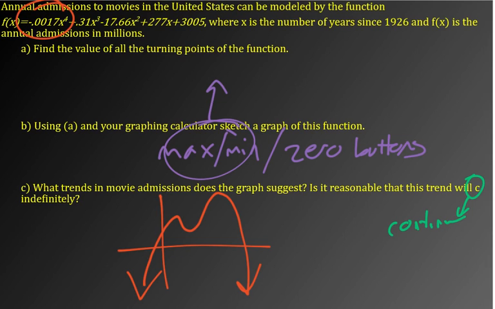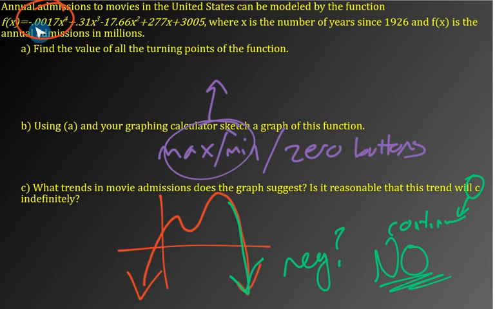If you think about it, a negative x to the fourth continuing indefinitely means you're going to go into the negatives. And f of x is the annual admissions in millions, and you can't have negative admissions. So, to answer this question, no, it's not reasonable to think that trend will continue. The trend is basically that it's going to decrease as time goes on.